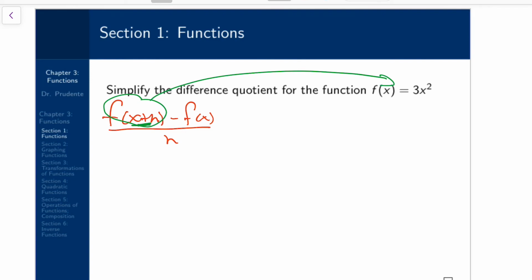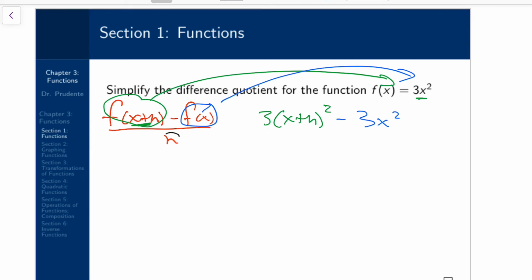And again, this x plus h is going to replace the instance of x there. So I'll get 3 times the quantity x plus h squared. Right? Here, I want this f of x, so minus 3x squared. And lastly, I get this h divided by h.